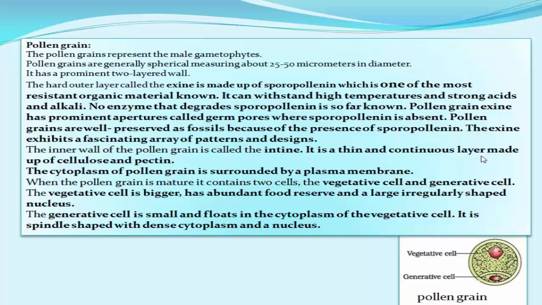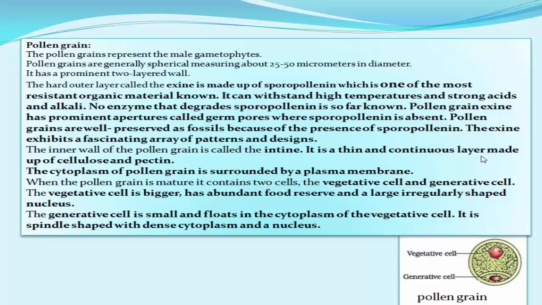The vegetative cell is bigger in size, it contains abundant reserve food, and it has a large, irregularly shaped nucleus. What are the things to remember with respect to the vegetative cell? It is the bigger cell of the pollen grain, it contains abundant reserve food, and it contains a large irregularly shaped nucleus.